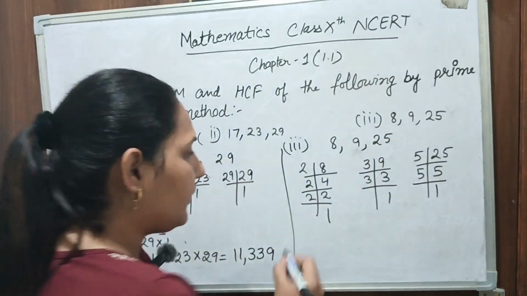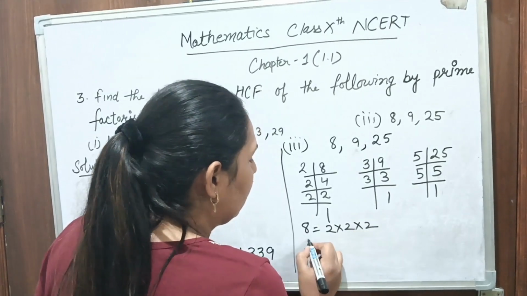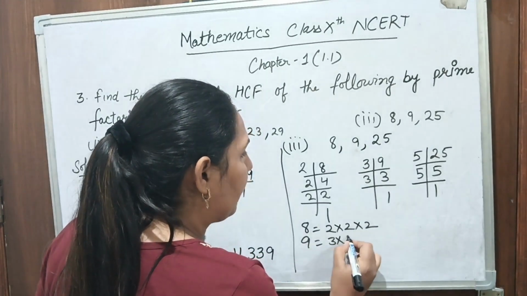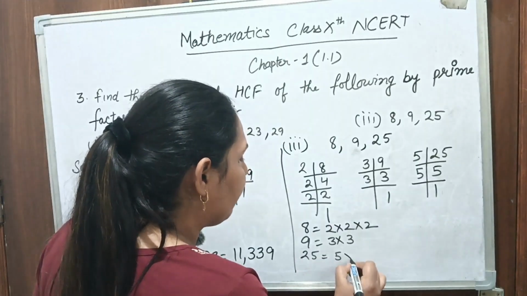So write the prime factors of 8: 2 multiply 2 multiply 2, of 9: 3 multiply 3, and of 25: 5 multiply 5.